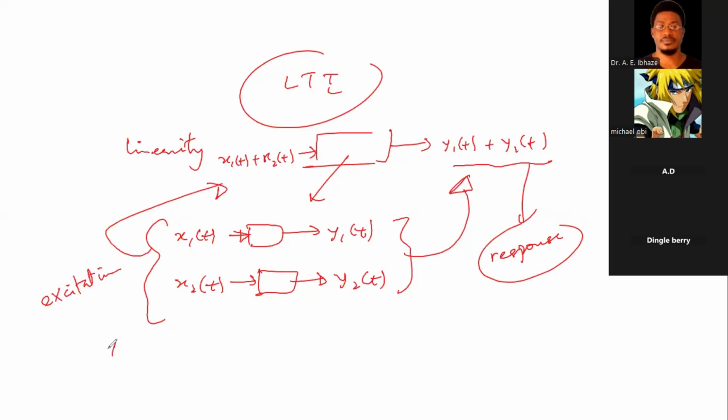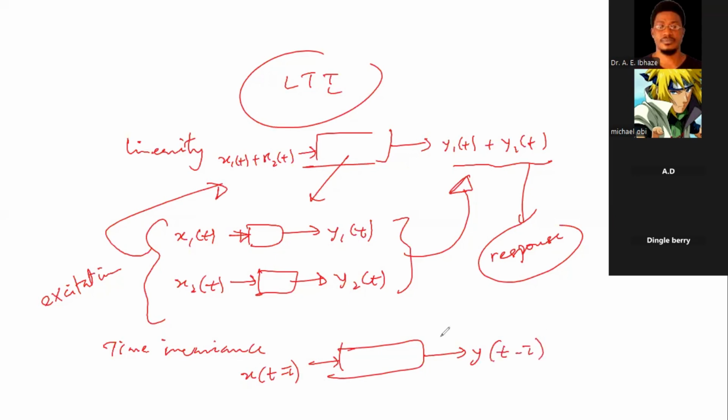Now, when we talk about the time invariance property of this same system, it means that should we have a signal that we shift in time, then the output should also be shifted in time.